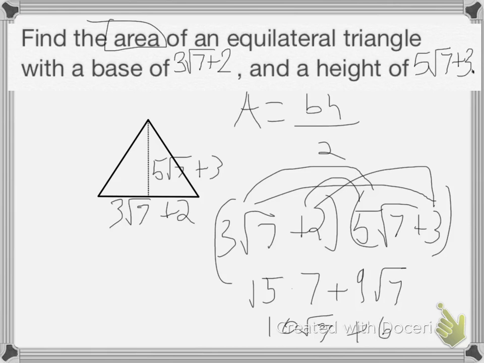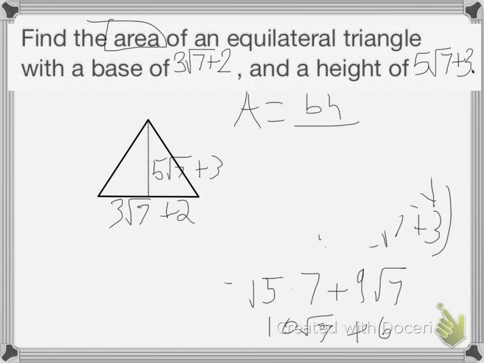And then let's make some room to combine like terms. So 15 times 7 is 105. And then plus 6, that's 111.